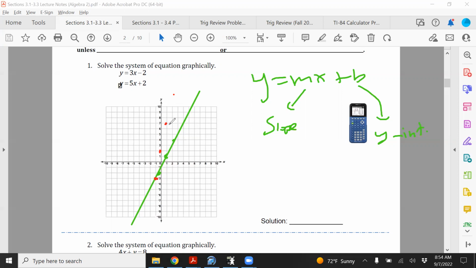Okay, I think I know where they touch. Feeling pretty confident about that. Let me make an adjustment. All right, I think I've got it.